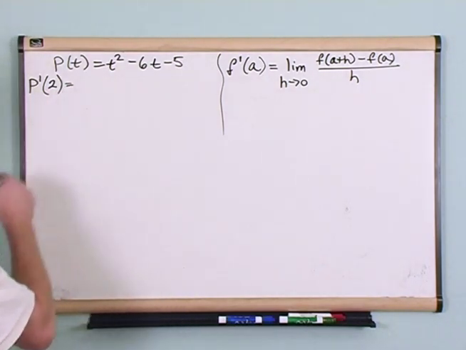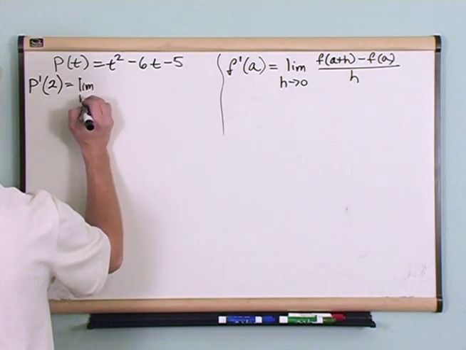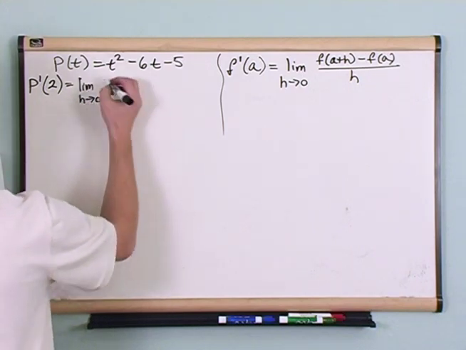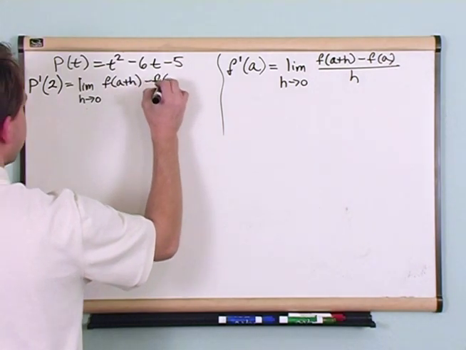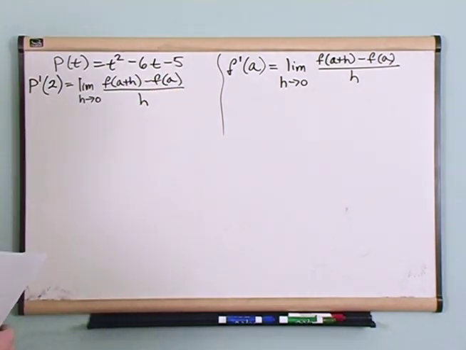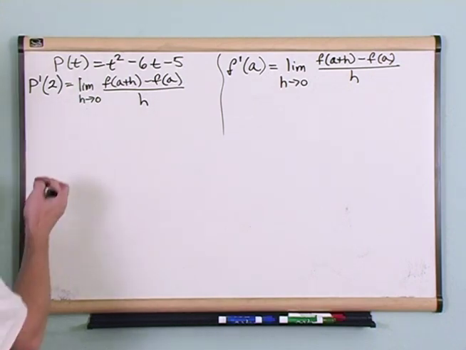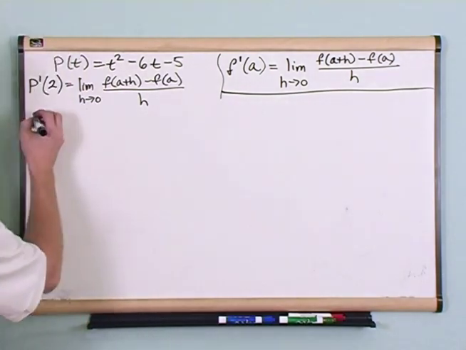Well, I'm going to write it over again just to make it clear. Limit as h approaches 0 of f of a plus h minus f of a all over h. Okay? So we're going to have to do a little bit of algebra here. Bear with me.